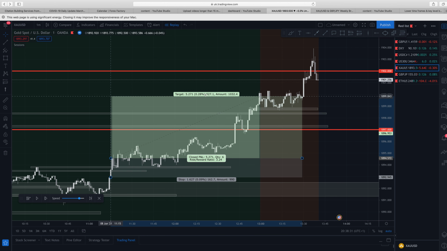I'd take my position there because there's a good chance you could get the bottom wick down, which could either go and retest 1897, or whatever it is, you get a bottom wick down which would potentially beat your profits.